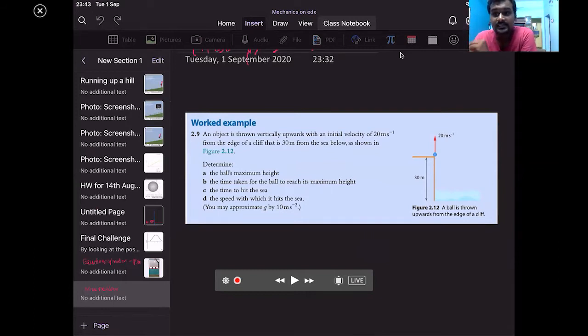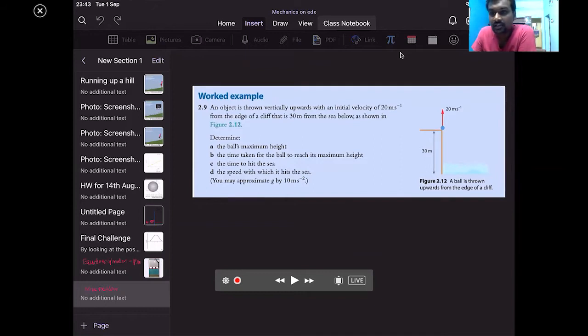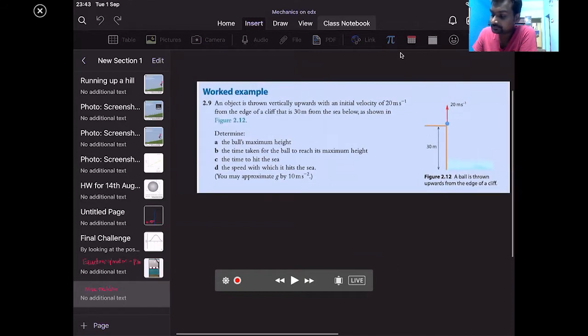If the air resistance is not negligible, the acceleration is not going to be constant, and then you really can't use these equations of motion. Please keep that in mind. So let's assume here that the acceleration is constant since there is no air resistance.